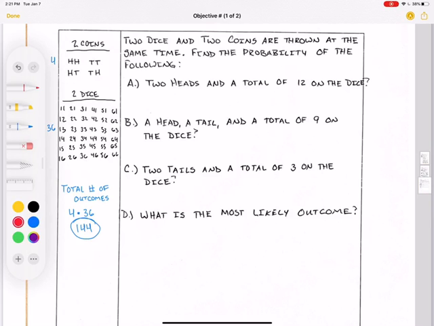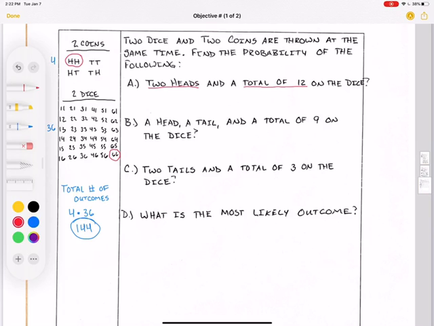Find the probability of the following: 2 heads and a total of 12 on the dice. So first off, let's look at the 2 heads. There's only one time where you roll 2 coins that you can get 2 heads. A total of 12 on the dice, meaning your 2 numbers add up to be 12. There's only one option where the 2 numbers add to be 12.